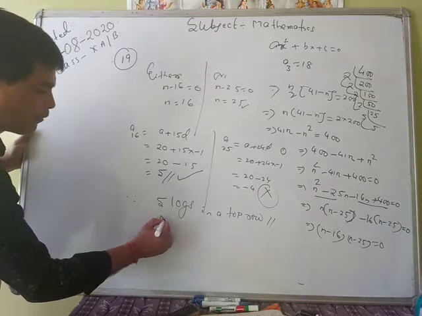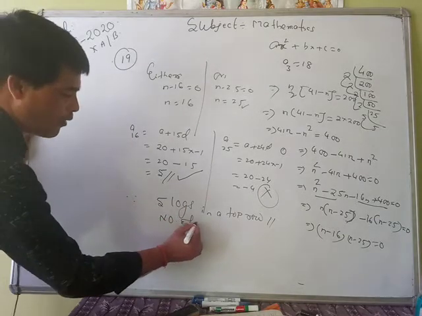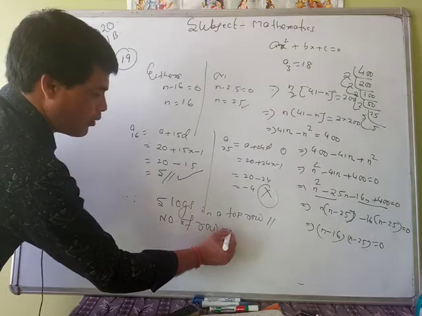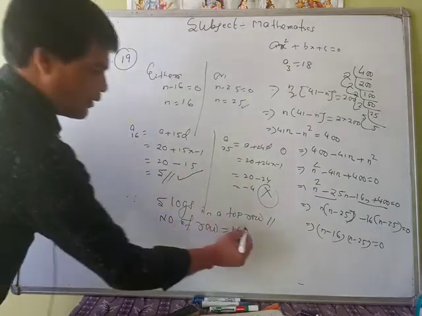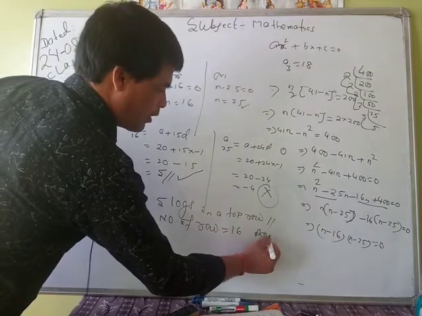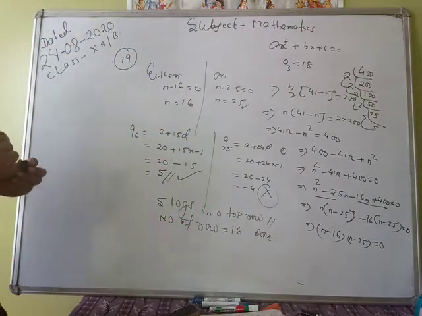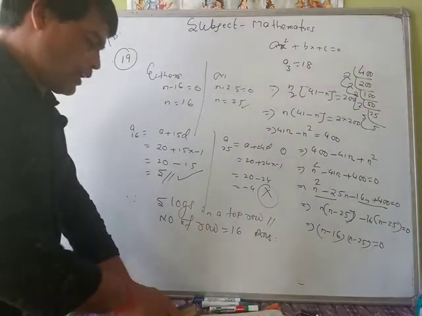Therefore number of rows equal to 16, this is our final result. This question is important for your exam also.